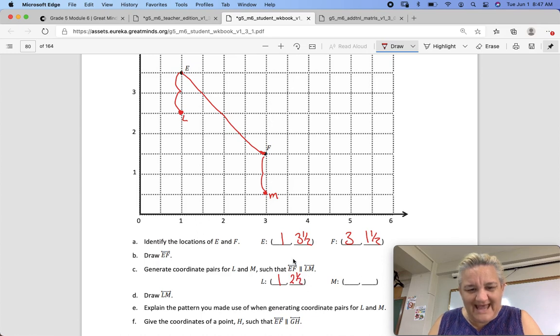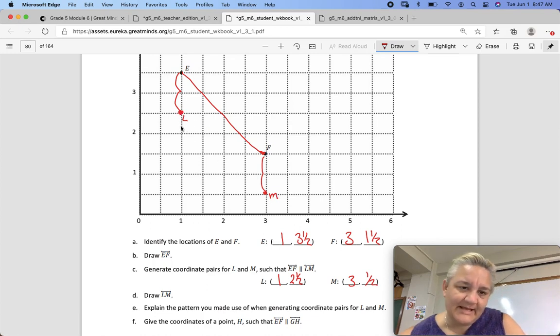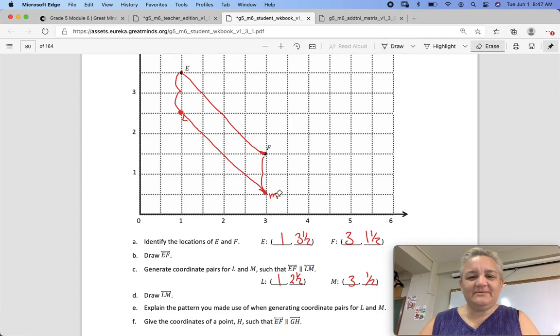And M is at 3 and 1/2. There we go. 2 units down, or 2 grid squares. And then I'm going to connect those and make that line LM using a ruler. There we go. I'm going to erase these so that you can see that those are 2 parallel lines like that.